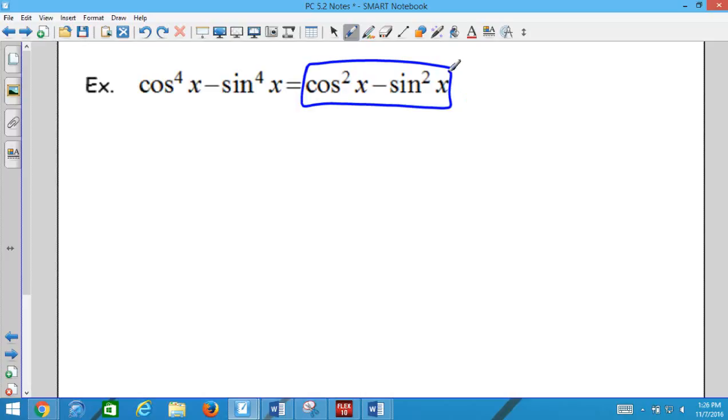And the left side is subtraction. And the fourth power is just squared of the square. Squared, squared. So what we have is a difference of squares, which is factorable.